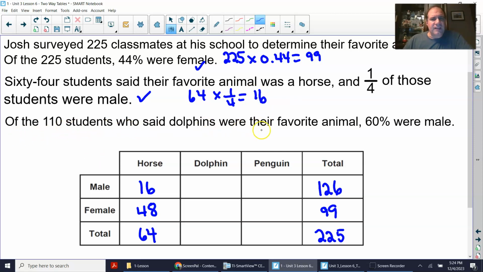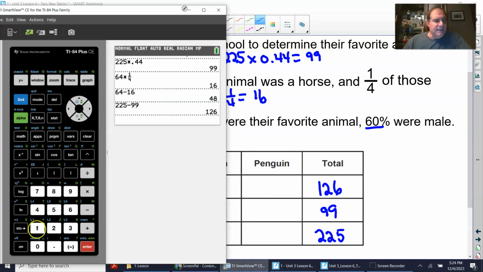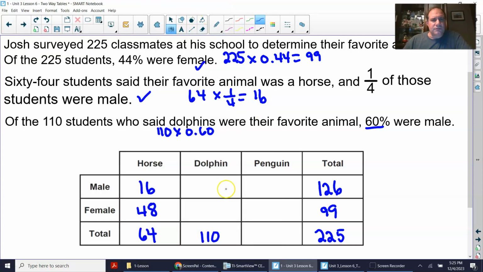110 students who said dolphins were the favorite animal. 60% were male. So out of the 110 times 0.60. 0.6, doesn't matter. 110 times 0.6, please, okay, is 66. So 66.